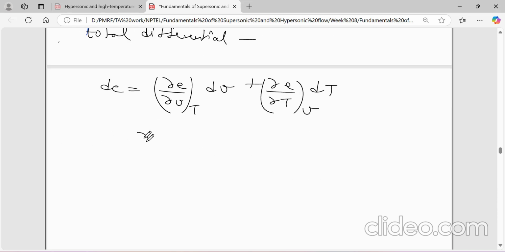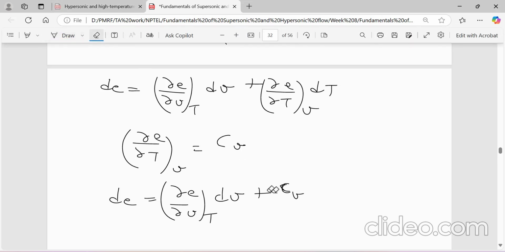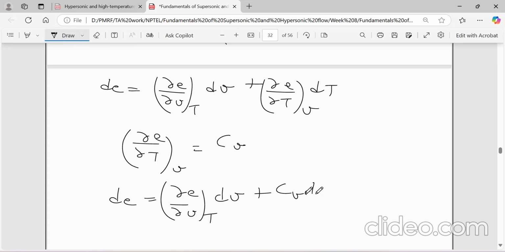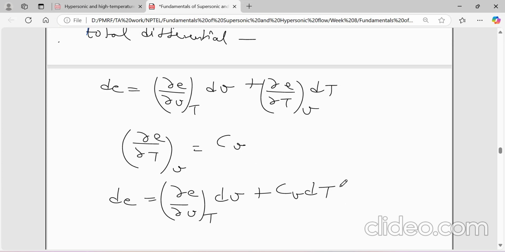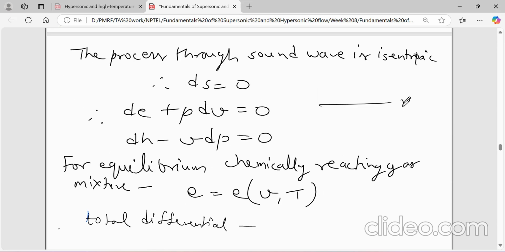And we know that dou E by dou T at constant volume is nothing but Cv. We substitute Cv, so we get dE equals dou E by dou V at constant temperature dV plus Cv dT. Let's name these equations 1, 2 and 3.